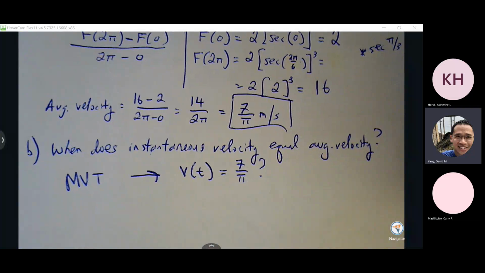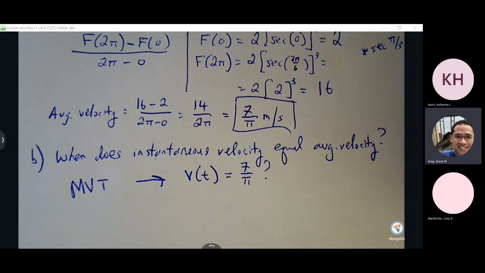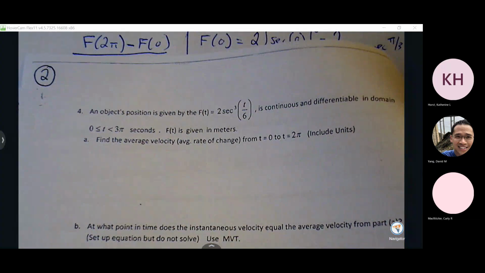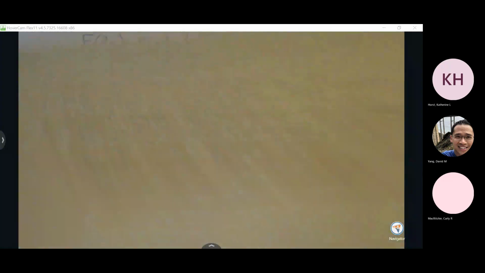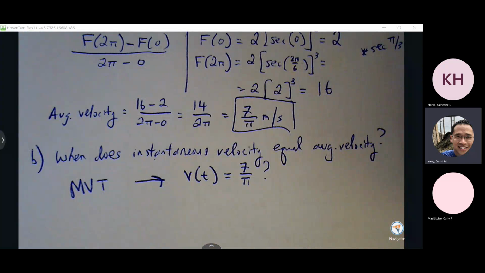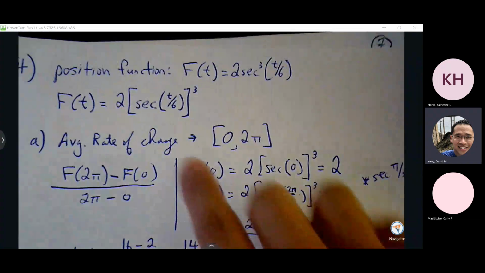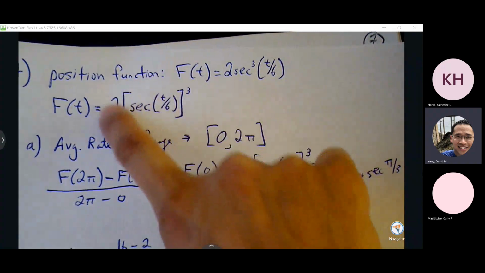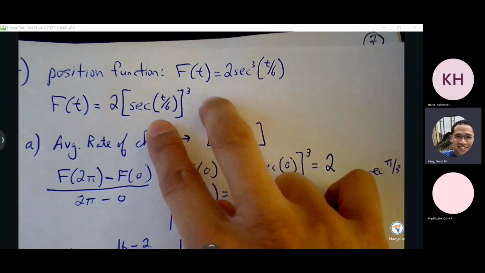Okay, so we're on page 2 in your packet, the original packet. We've done this already. We're just redoing the same problem that we've done in the past. Okay, so I want to build my velocity function. To build my velocity function, I have to find the derivative of position. So what's involved here if I want to find the derivative? Chain rule, right?